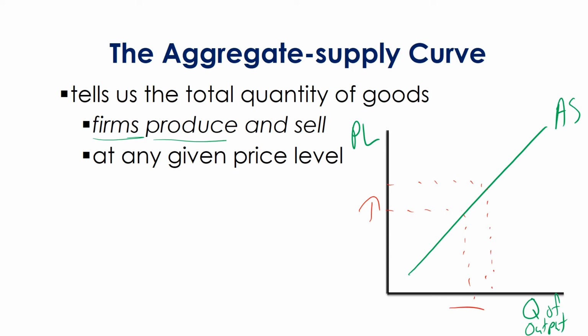Real GDP, the quantity of output, also increases. Wow! So when you print money and the price level goes up, in the short run, it increases real GDP. It increases the quantity of output.